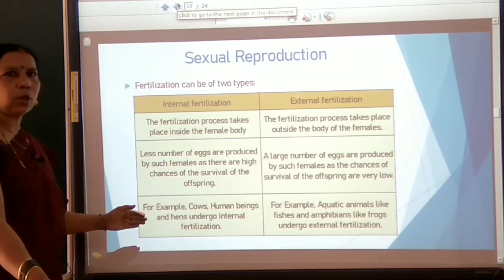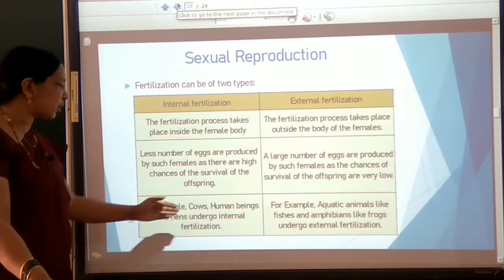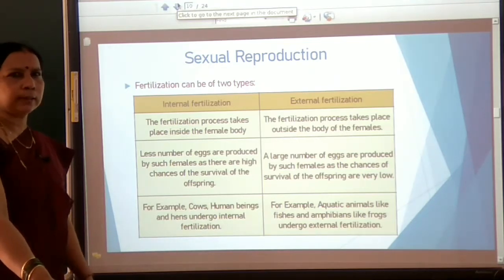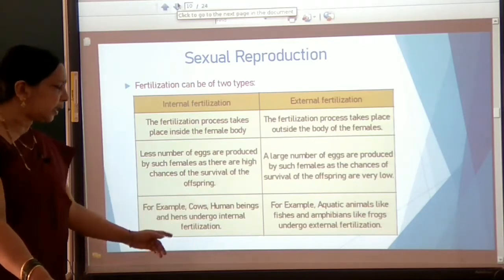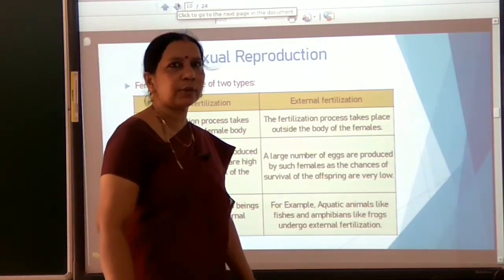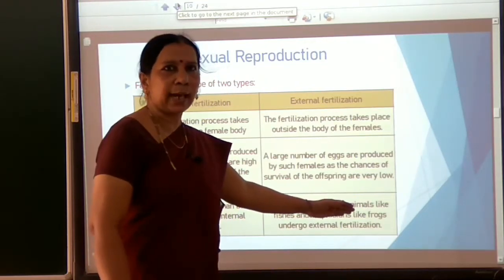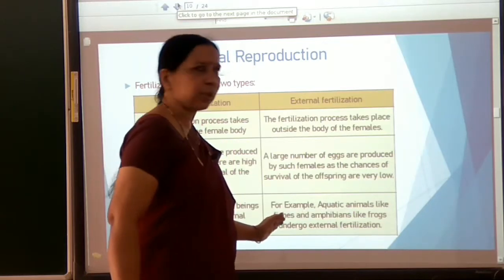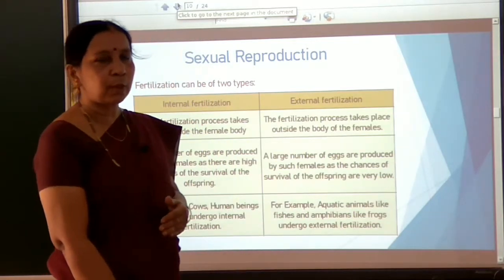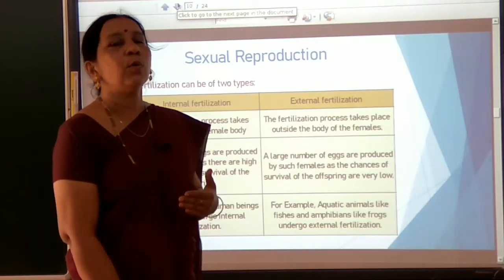Examples: internal fertilization occurs in human beings, cows, cats. Not only that, all mammals undergo internal fertilization, and even birds, like sparrows, all birds undergo internal fertilization. And the examples of external fertilization are animals living in water, aquatic animals like fishes and starfish. Not only that, amphibians, amphi means both. These amphibians live both on land and in water.